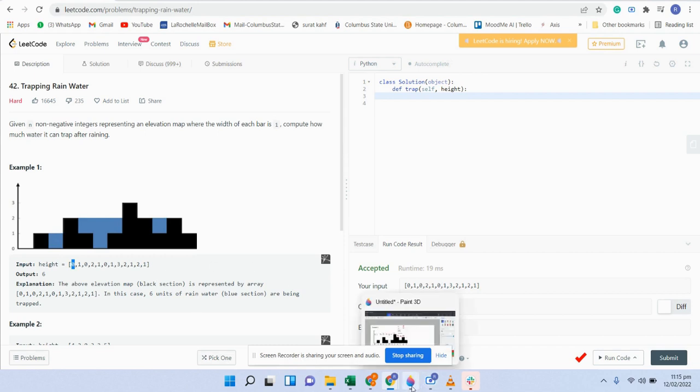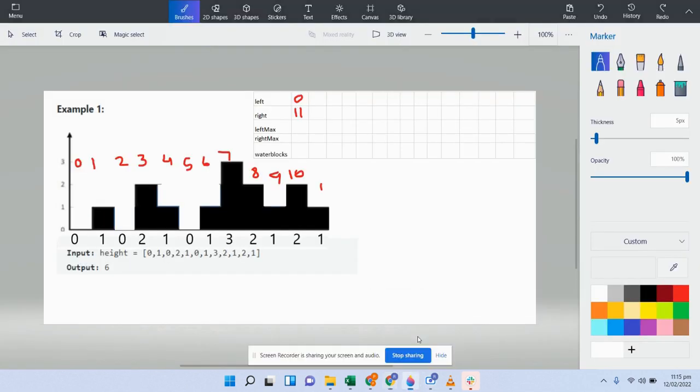So let me explain it a little bit further, and I hope I'll be able to explain it in an easy way. All right. So what I have done is, at the bottom I have written the height of these hills, right?